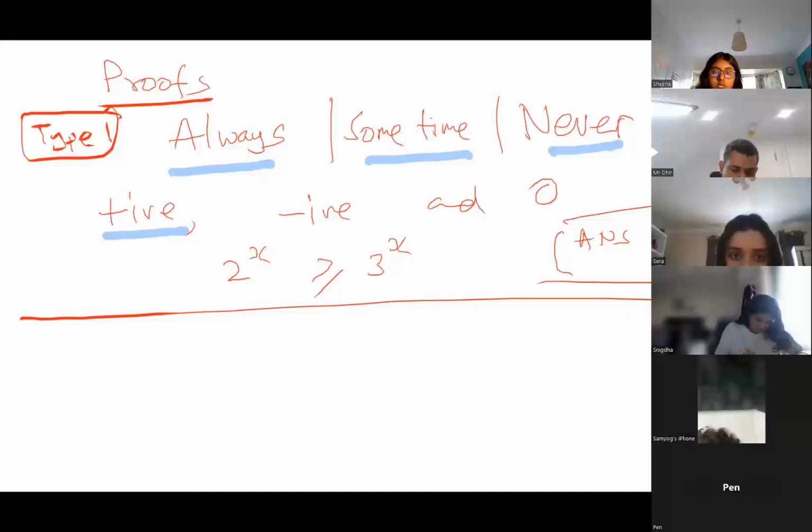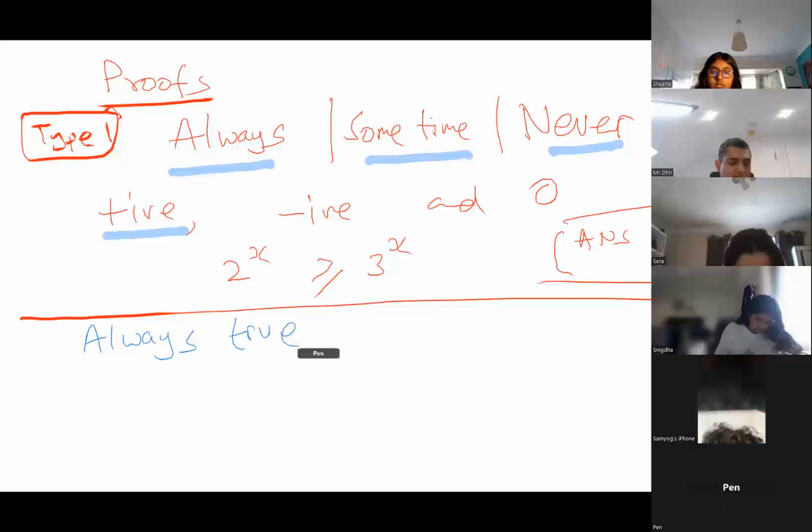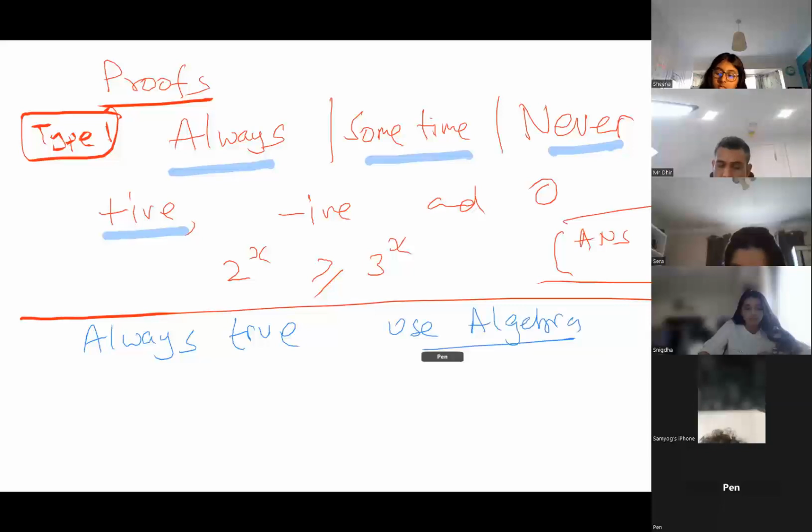Now in this same part, the other question which we do not like, they say prove that this is always true. Now in these types of questions, Snigdha, what do we need to do when they talk about always true? Go on, Snigdha. We could talk about the completing the square one. Good. We use algebra in these cases. So what we mean by that, we mainly use even numbers.